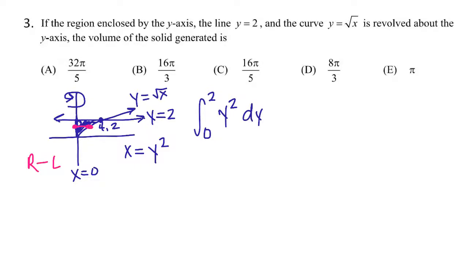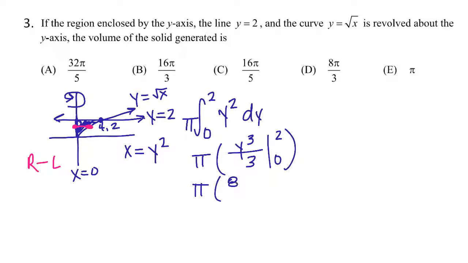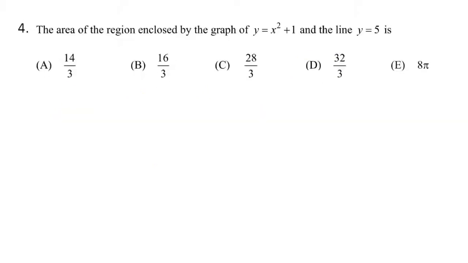And then of course we have pi. So pi times, this is going to be y cubed over 3, evaluated from 0 to 2. And when we substitute in, notice we're going to get pi times 8 over 3 minus 0. So it looks like we have answer choice D.